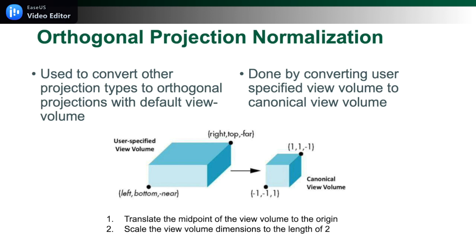So if your viewing volume is a rectangle, to convert it to our standard cube, you will translate the center point of that rectangle to 0, 0, 0, and then you would scale each of its sides such that it fits into our view volume on a scale of 2.